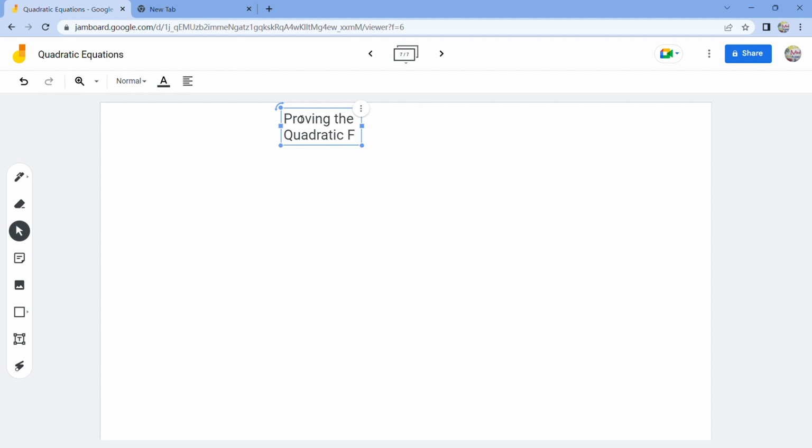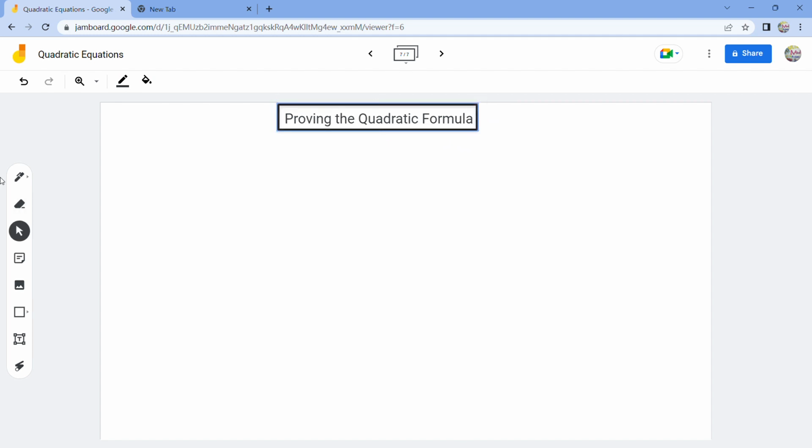So now we're going to do something very, very amazing, but I'm not going to tell you yet because I want you to predict. Proving. You might be thinking, proving what? The quadratic. Starts with an F, guys. Hooray, you guessed it. Formula. And you might be thinking, proving the quadratic formula? How can someone do that?